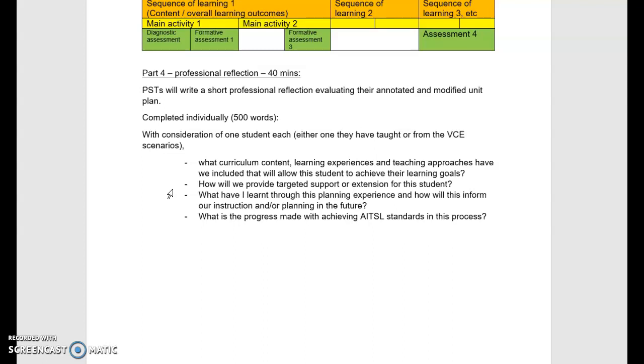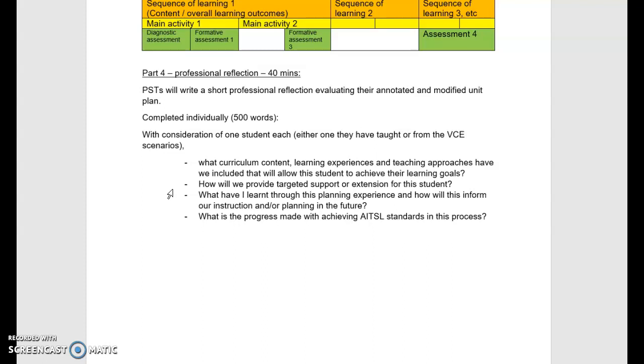Last question, what is the progress made with the AT2 standards? How have you achieved the AT2 standards in this planning process? So you need to pick one AT2 standard. One's sufficient here. You need to provide a specific example or examples of how you have either progressed or achieved the standard.